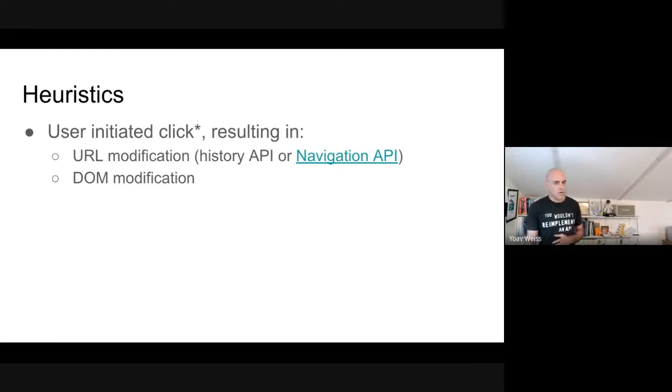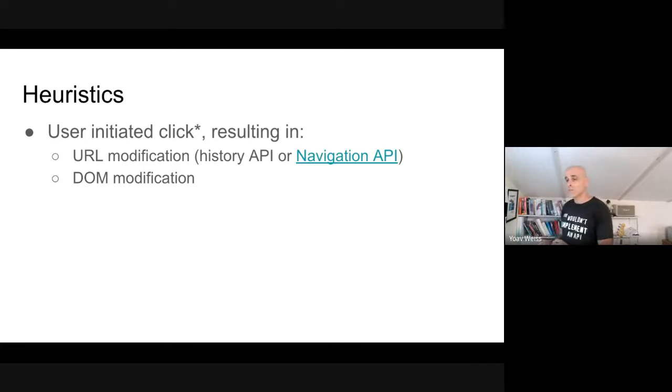So what are the heuristics we're talking about? They are relatively simple ones. I started with more complex heuristics and then trimmed them over time when life convinced me that in order to actually cover most existing SPAs, I need to simplify that.